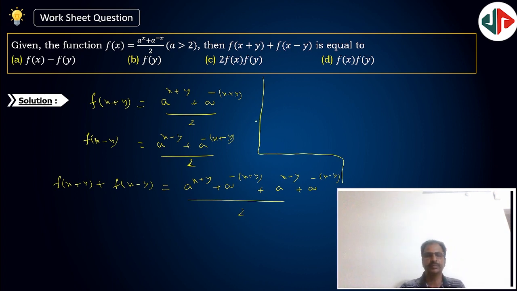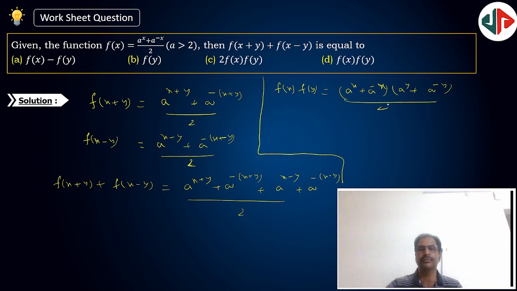And options are in terms of f of x and f of y again. So let us find f of x into f of y by multiplying both. So a power x plus a power minus y into a power y plus a power minus y by 2 into 2, 4.